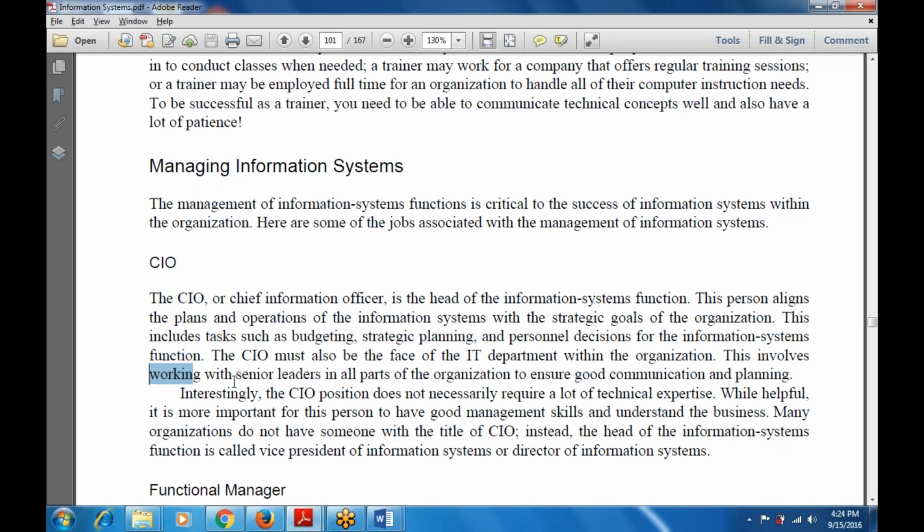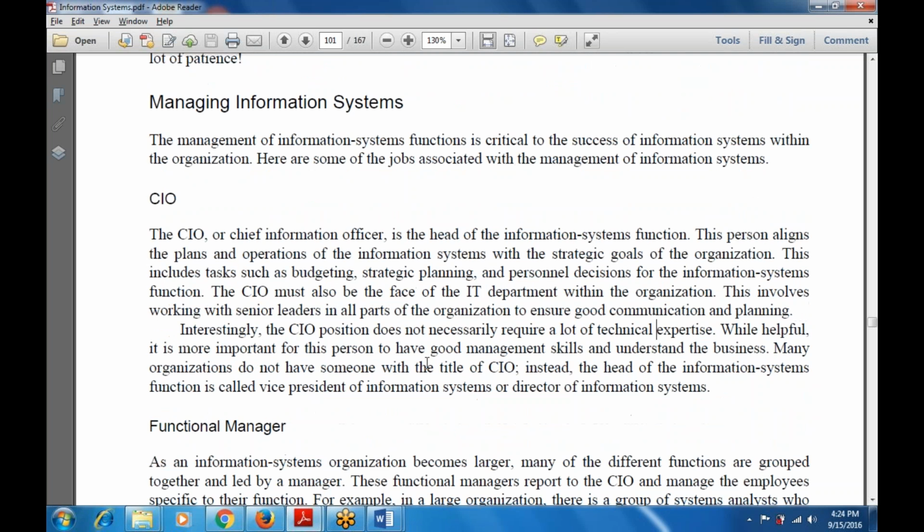This involves working with the senior leaders in all parts of the organization to ensure good communication and planning. Interestingly, the CIO position does not necessarily require a lot of technical expertise.